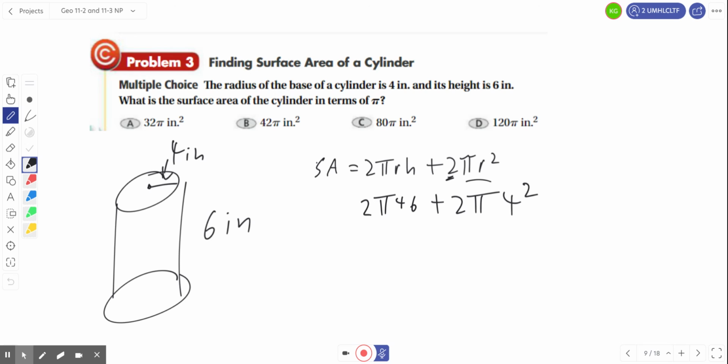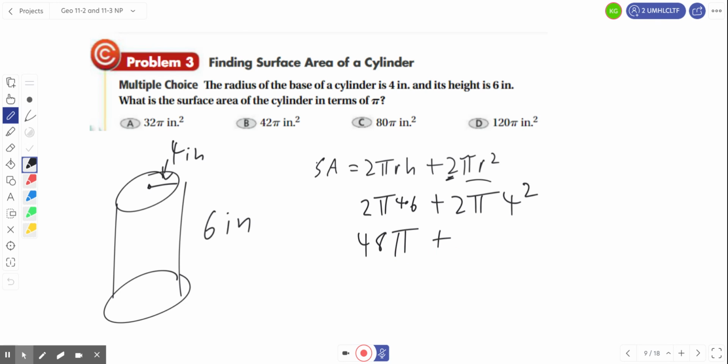Now, this multiplication here, 2 times pi times 4 times 6 is, well, 2 times 4 times 6 is 24, times 2 is 48. So this first part is 48 pi.